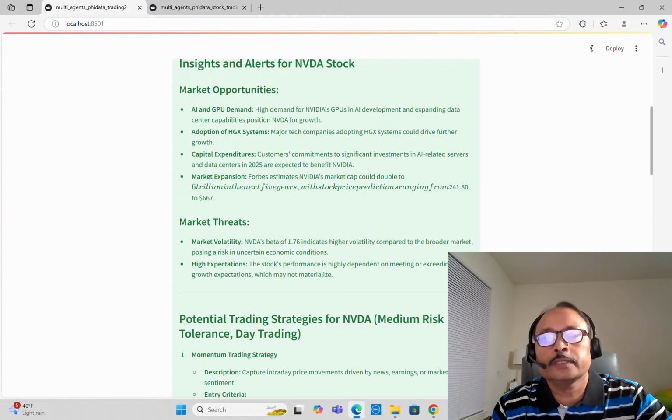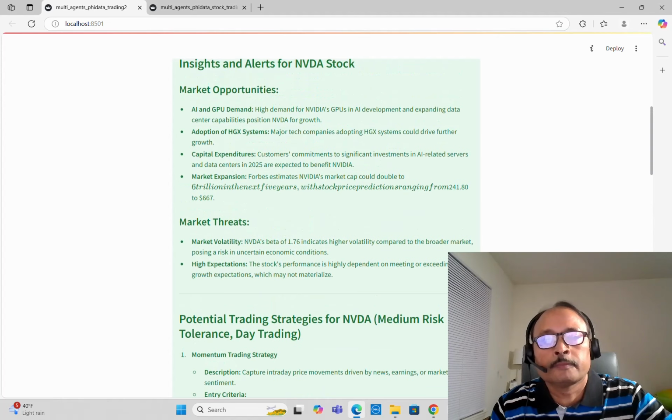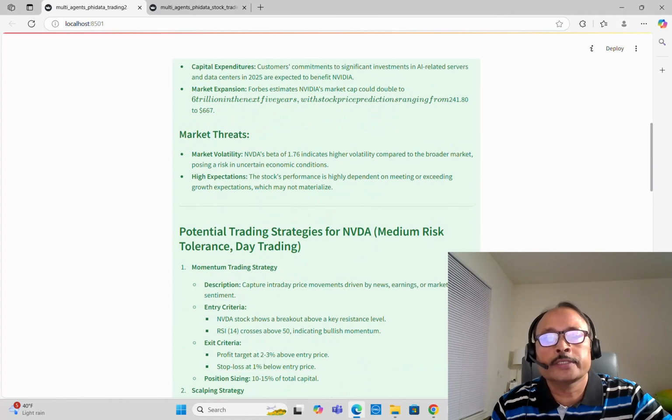Market expansion: Forbes estimates NVIDIA's market capitalization could double to 6 trillion in the next 5 years, with stock price predictions ranging from 241.80 to 667. So those are market opportunities. Now market threats, like market volatility.